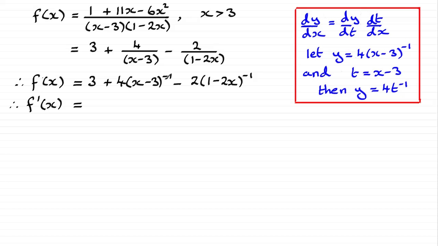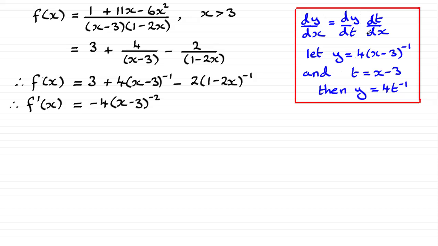So differentiating this, you want to do dy by dt first of all, this one here. So thinking of this as 4t to the minus 1, then you're going to get minus 4 times t to the minus 2. T, remember, is the x minus 3, and then that's to the power minus 2.